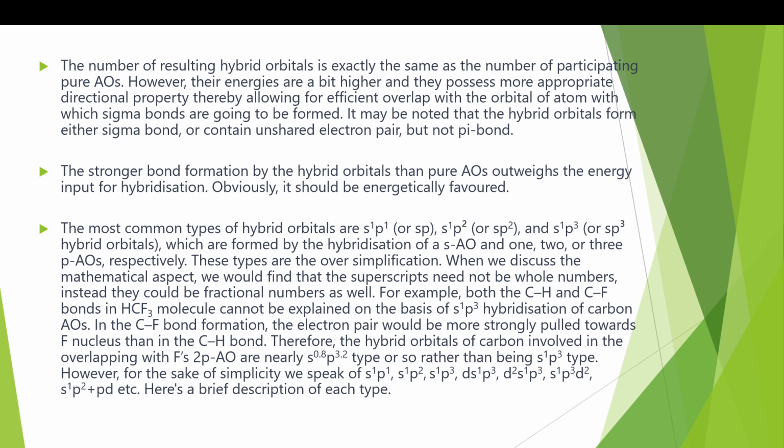The most common types of hybrid orbitals are s1p1 or sp, s1p2 or sp2, s1p3 or sp3, and so on. These are formed by the mixing of s orbital and p orbital belonging to the same shell, same subshell.